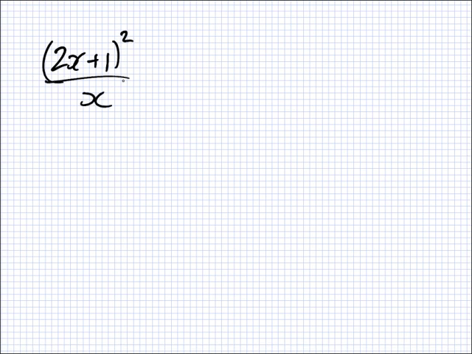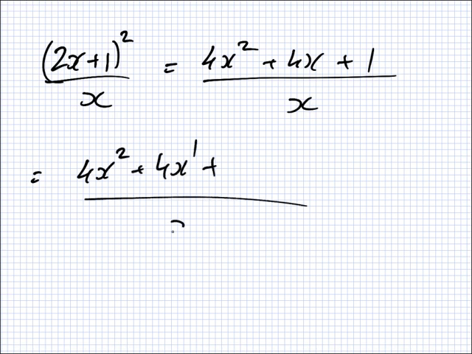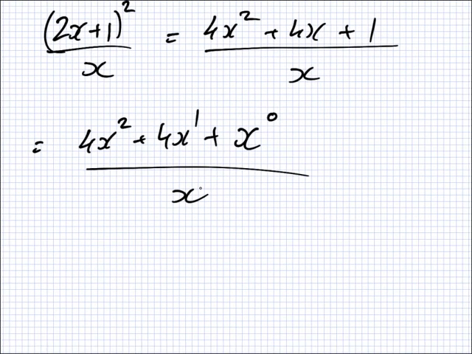We just want to write these as a sum of x's with powers. So we expand on the top and we get 4x squared, yeah, 4x plus 1. Or to be super clear, that's 4x squared plus 4x to the 1 plus, and what would you change the last fella into as an x power? 0. Yeah. And this is x power 1.